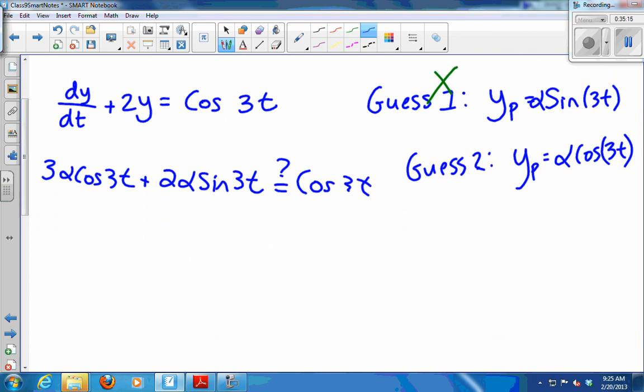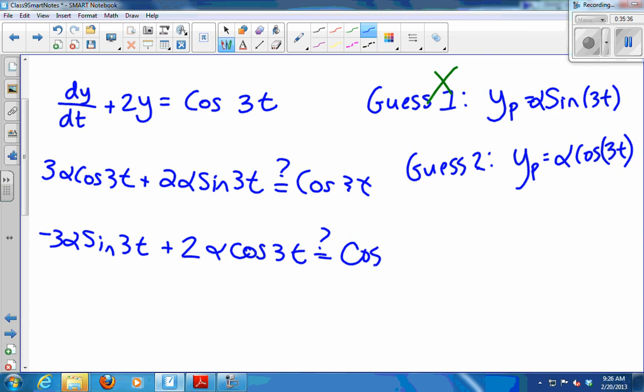So dy dt, the derivative of alpha cosine 3t would be negative 3 alpha sine 3t plus 2y, so this would be plus 2 alpha cosine 3t. Can we make it equal cosine 3t with an appropriate choice of alpha?